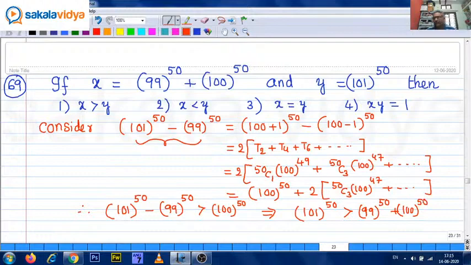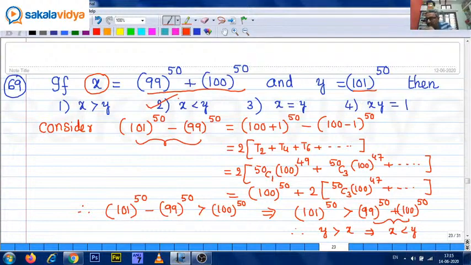According to the problem, 99 to the power of 50 plus 100 to the power of 50 is x, and 101 to the power of 50 is y. So we get the relation y greater than x, that implies x less than y. That means the second option is the right option. Not option 1, option 2 is the right option.